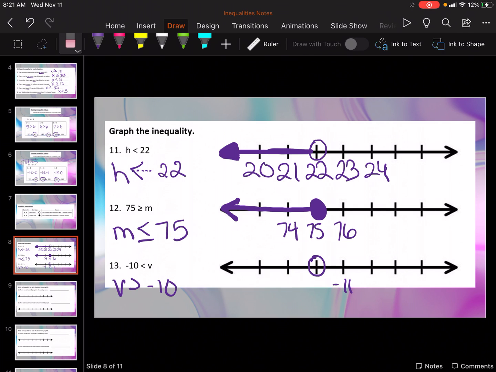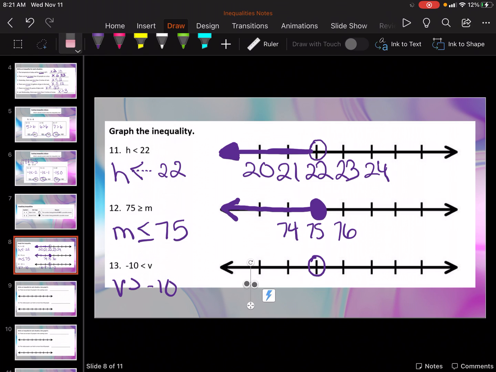I have these switched around. Because think about it, zero would be over here. So then it would be -7, -8, -9. -10 would be over here.